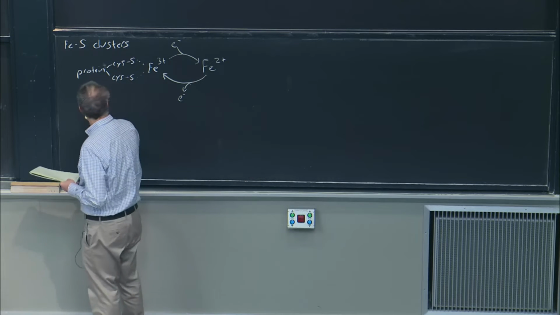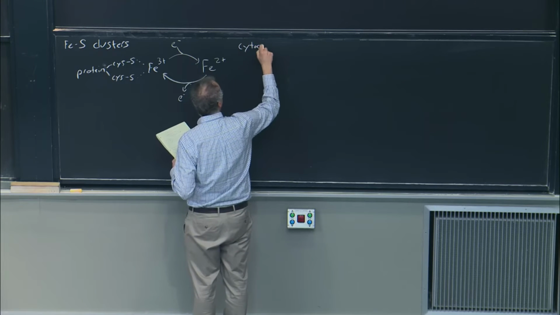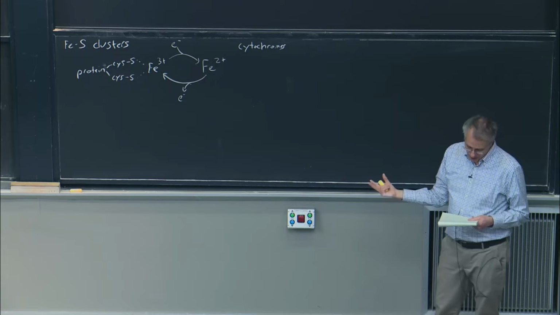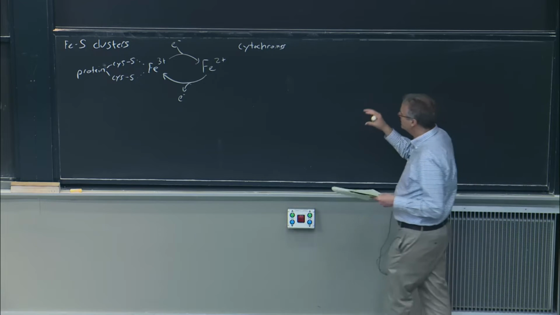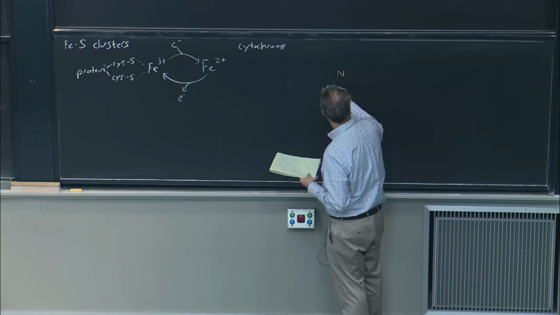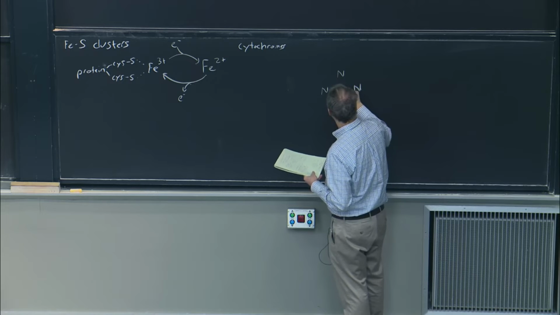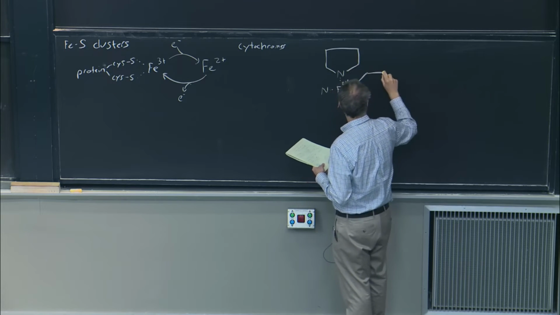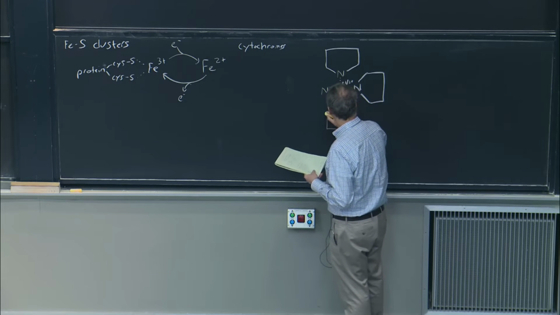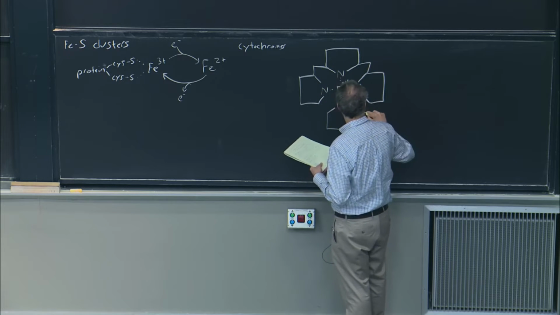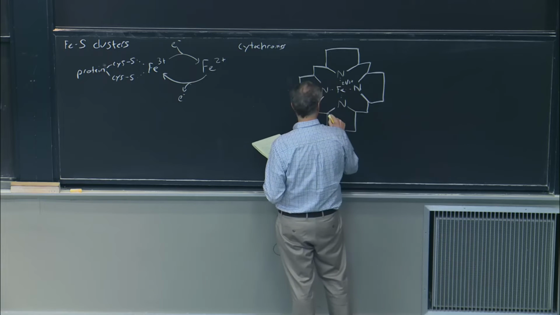Also, iron sits within molecules called cytochromes. So what are cytochromes? This is an iron atom that's basically chelated into a porphyrin, very similar to what you saw for hemoglobin. And so you have an iron 2+ or 3+ that's chelated here into this porphyrin ring structure.